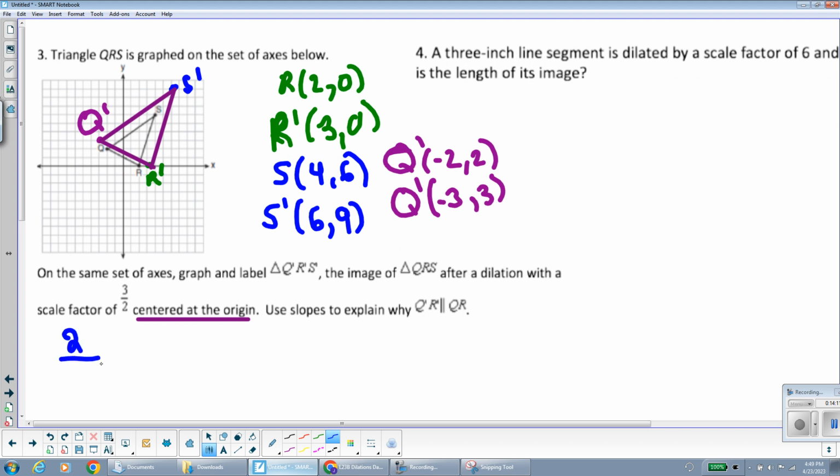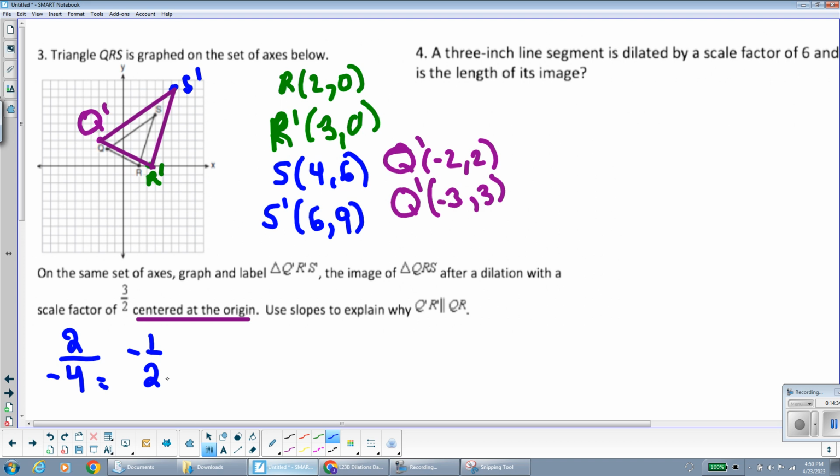This is for QR. -2 minus 2. And feel free to use your calculator, but I'll do it over here. -2 minus 2 is -4. So in simplest form, that's -1/2.